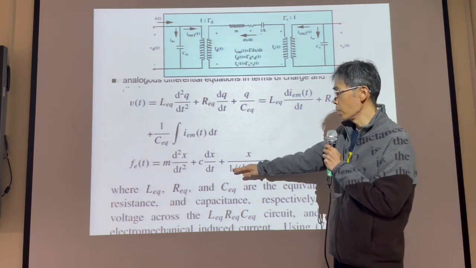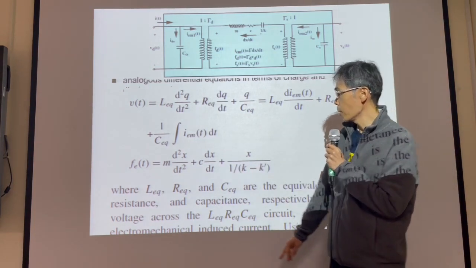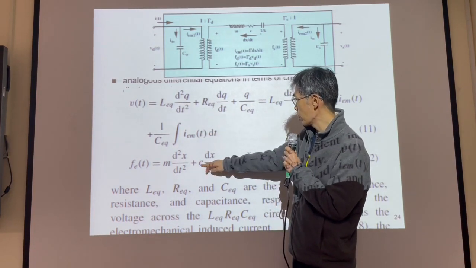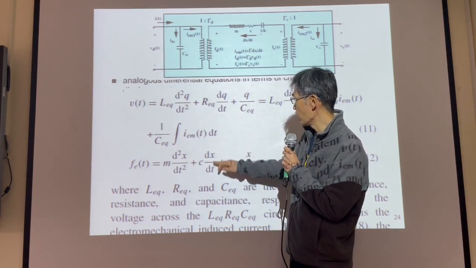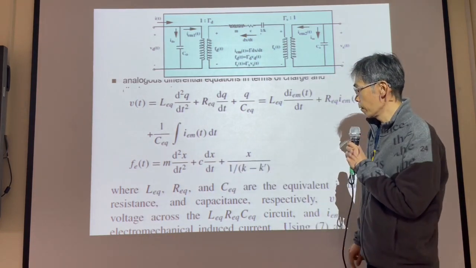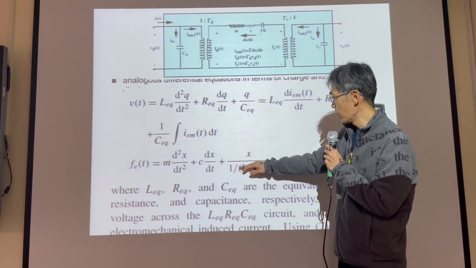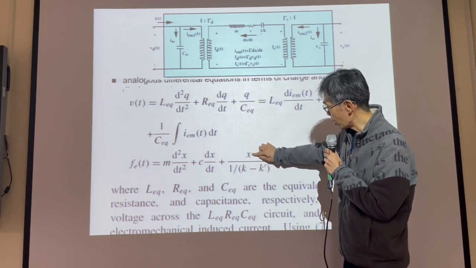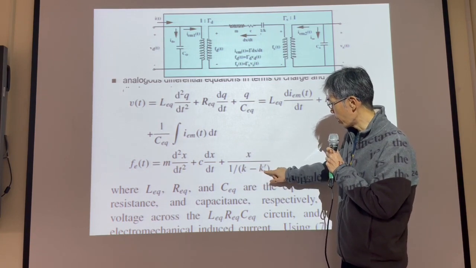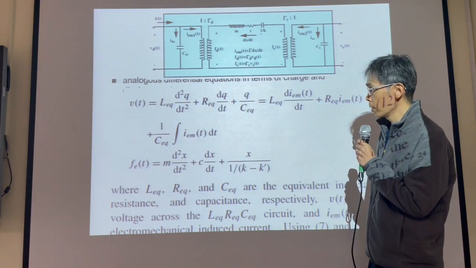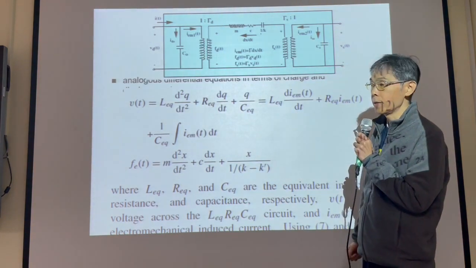And this is the mechanical system. For the mechanical system, M x double dot, R damping dQ/dt, this is the velocity, and this one you can move this term to the other side. You get (K minus K prime) times X. So this is the spring force. So they are equivalent.